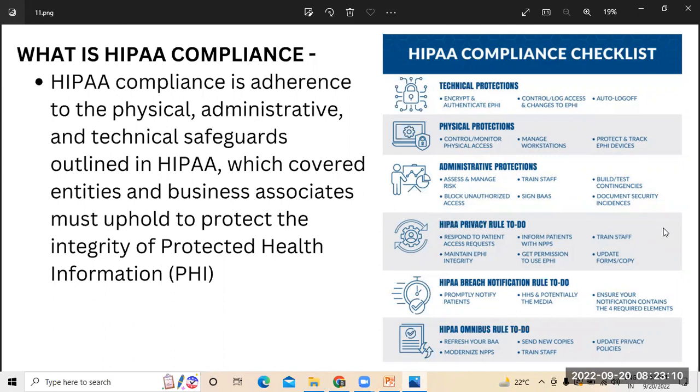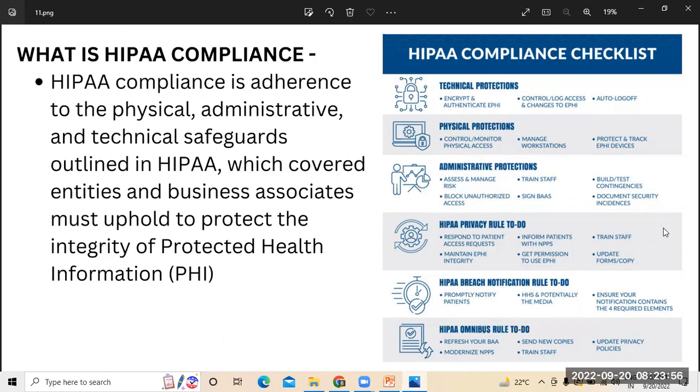We have to update the privacy policies and all the policies we have taken, as well as the copies we send to people.